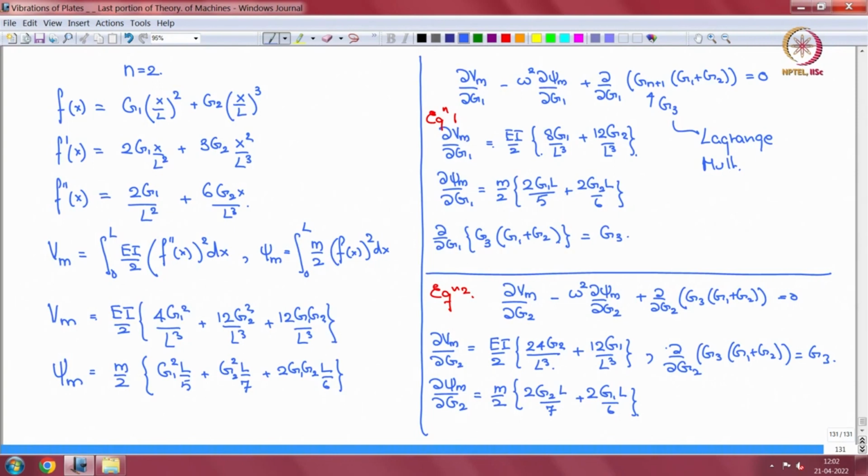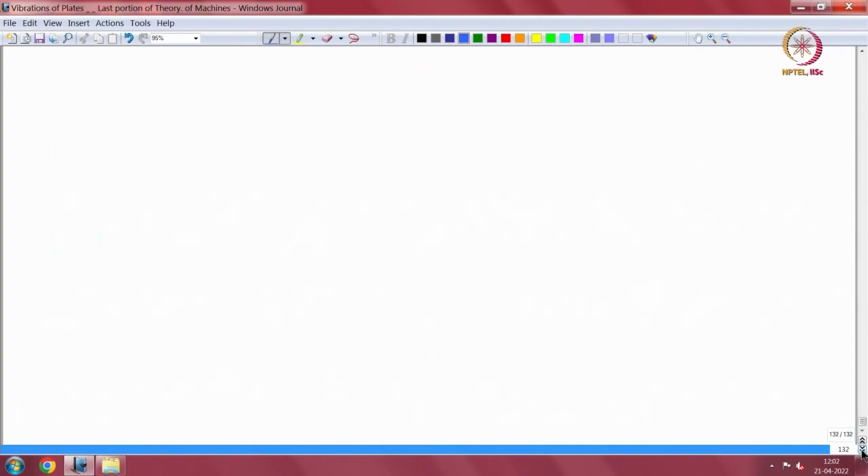So let us look at the third equation. What is the equation itself? It was G3 into G1 plus G2.